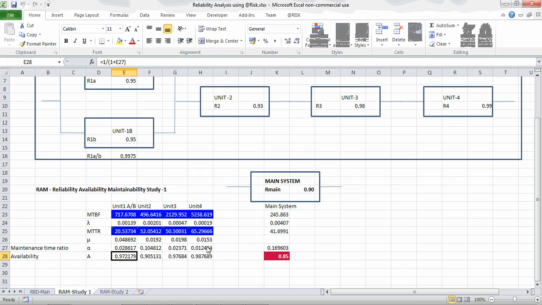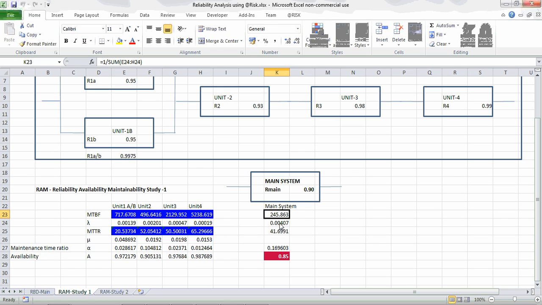So for the main system, based on the information we have for each of the units, you get the average mean time between failure. It's about 245.86 hours. They can be changed, but I'll come to that later.